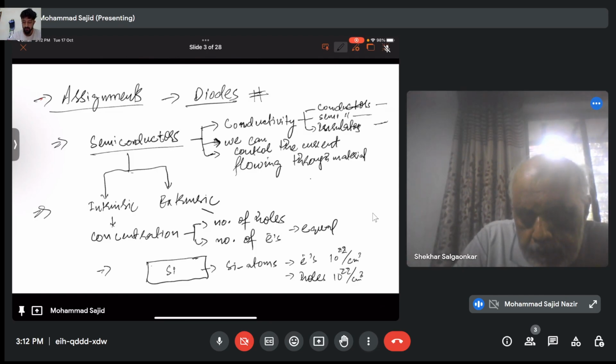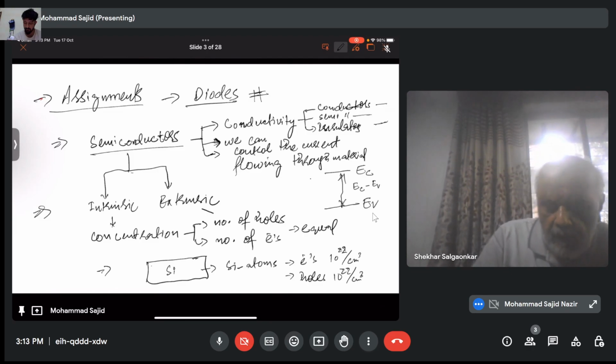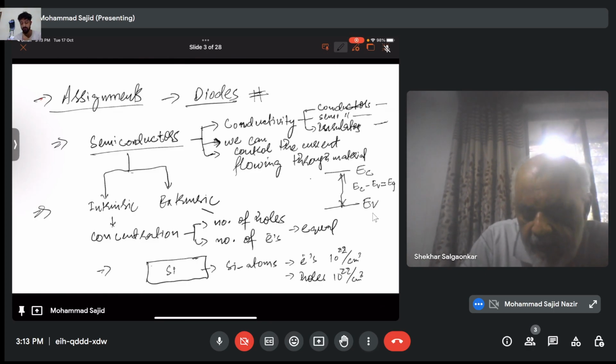So can you tell me about the band gaps, if you have studied them? If you have an insulator, this is EC, the conduction band, this is the valence band, and this EC minus EV is called the band gap, EG.